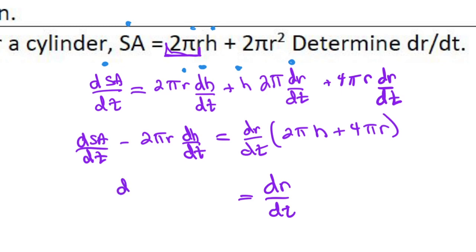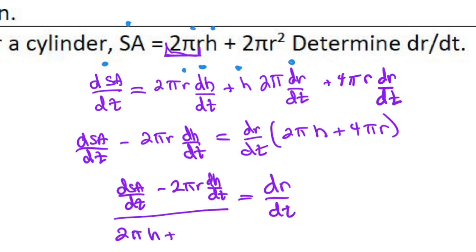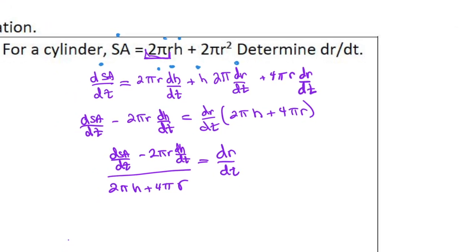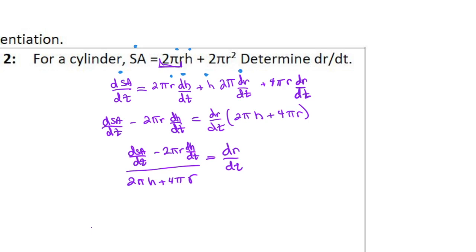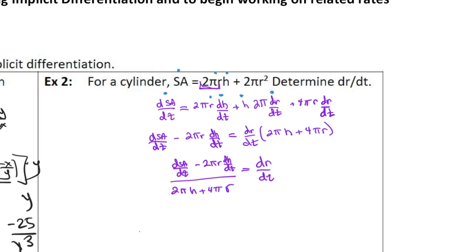And we have the derivative of surface area with respect to t minus 2 pi r dh dt divided by our 2 pi h plus 4 pi r. So we found the dr dt, which could be the derivative of the radius with respect to time.